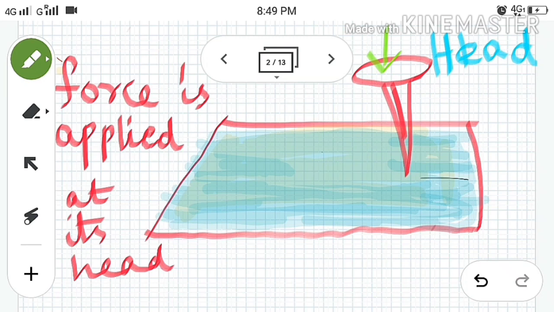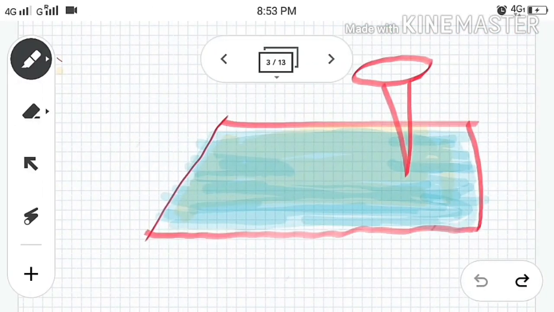Yes, the force acts at the point of contact between the tip of the nail and the surface. Since this force acting on the surface area is perpendicular to the surface like this, we can call this force thrust.